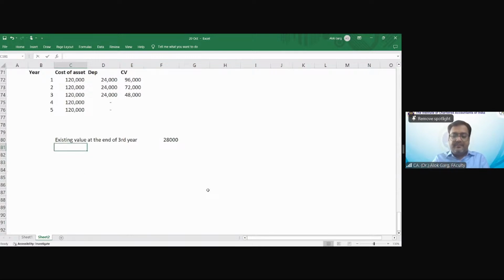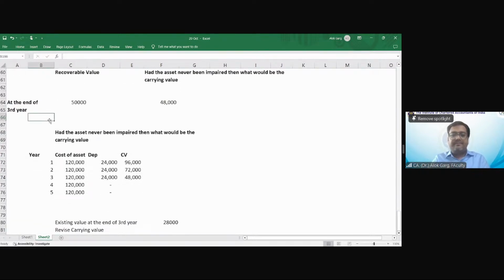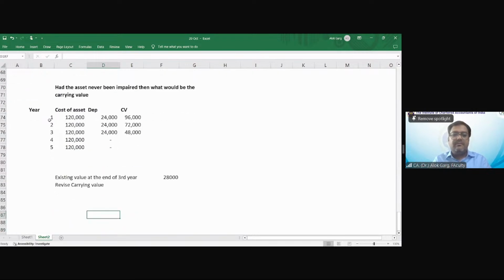So your revised carrying value, which is the lower of recoverable value and the carrying value had the asset never been impaired, comes out at 48,000. So the lower value needs to be taken, which is 48,000. So what is my revised carrying value? 48,000.